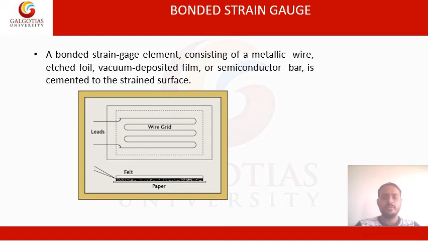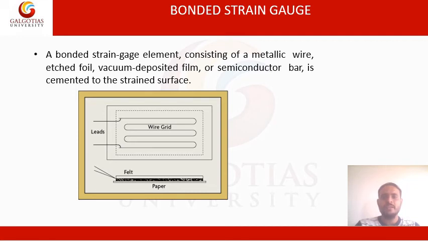These are a kind of metallic strain gauge, and as we know, most of the strain gauges are metallic type, which can be further classified into two types: bonded and unbonded. Unbonded strain gauges are normally used for measuring strain in a moving structure by fixing four metallic wires in some way.